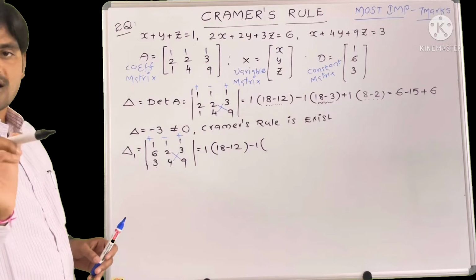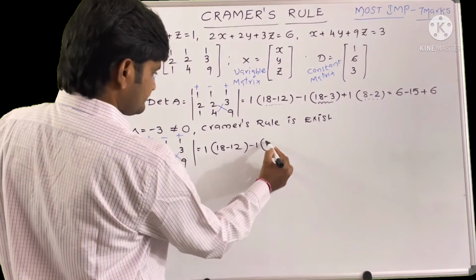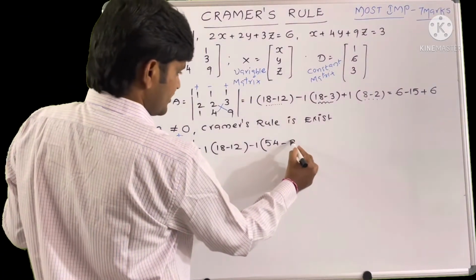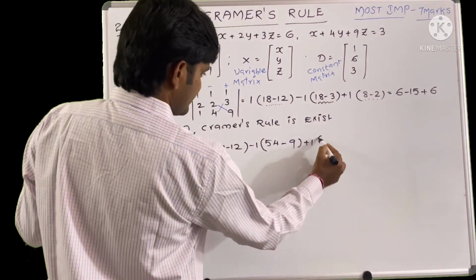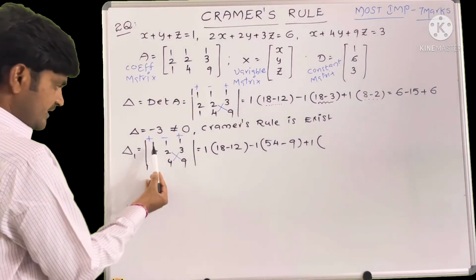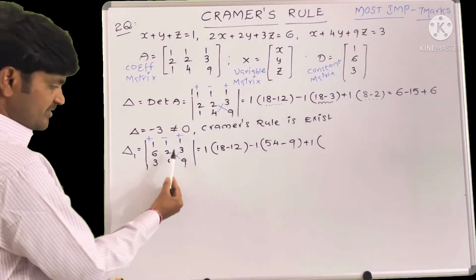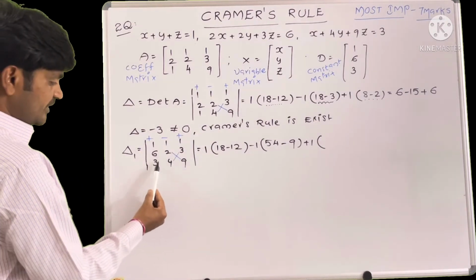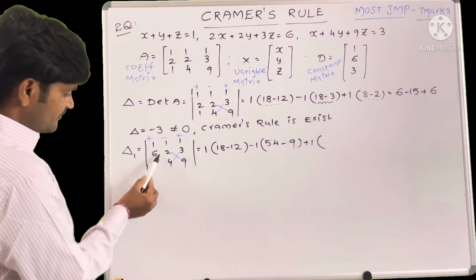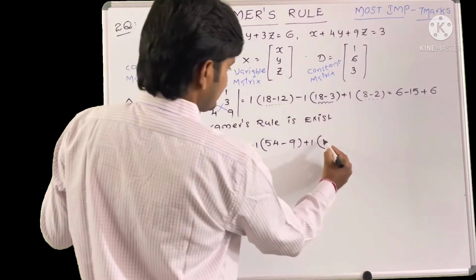Using cross multiplication again, 6 nines are 54 minus 3 threes are 9. Plus into 1: delete this row and this column, so the remaining 4 elements are 6, 2, 3, 4. Using cross multiplication, that is 24 and this is minus 6.